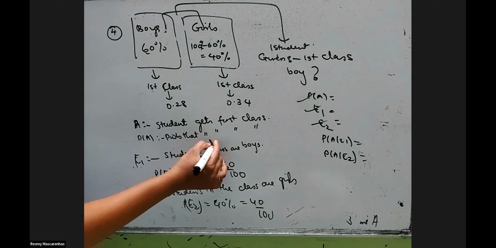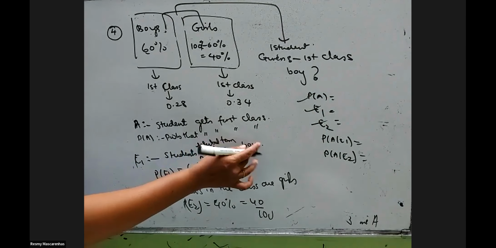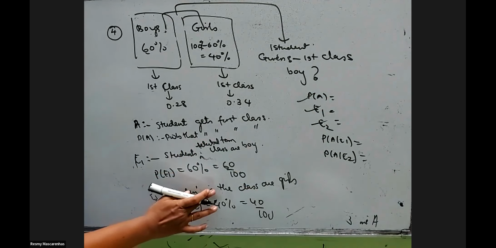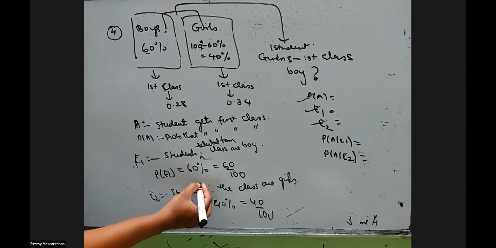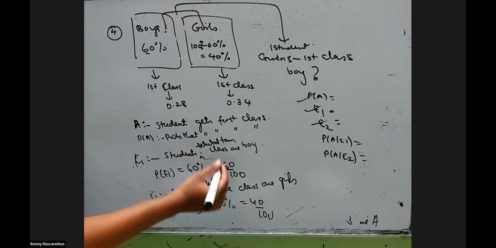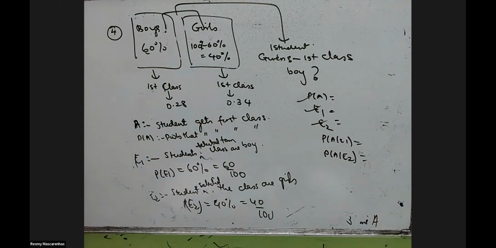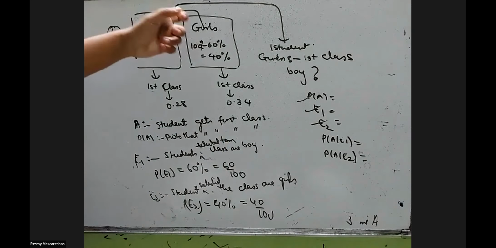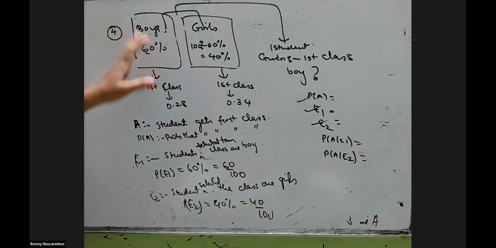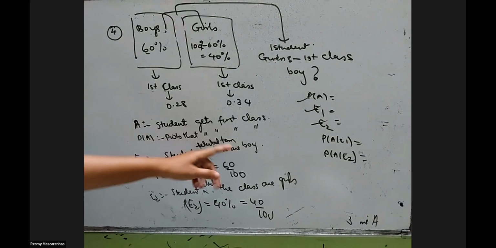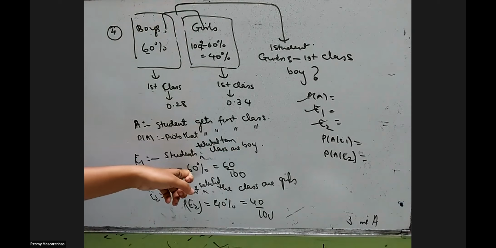Suppose I give you a task: go pick one student from one class. There are chances either you could pick a girl or you could pick a boy. Suppose it's a boy, so what are the chances? 60% chances. When you go to select a girl, there are 40% chances.